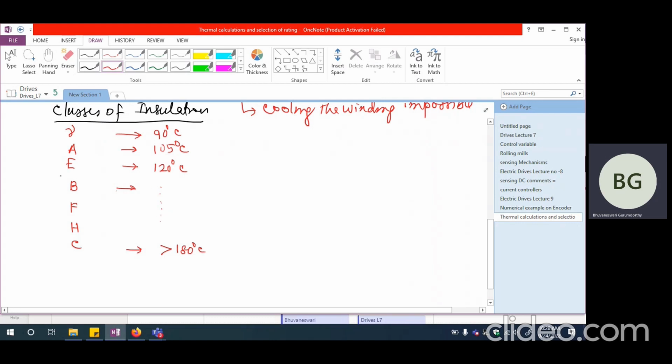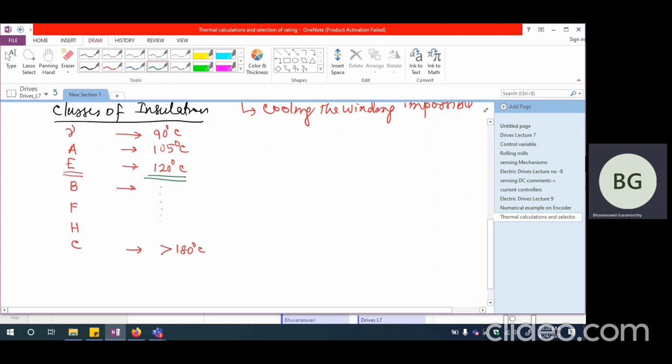But the moment, for example, a machine which is having class E insulation for its winding, if the temperature becomes greater than 120 degrees, immediately that insulation is going to rupture. So our goal should be to maintain that the temperature should be less than 120 degrees even for the winding.